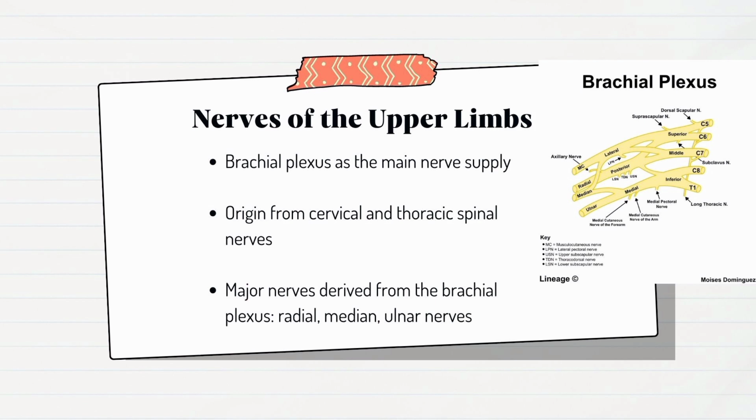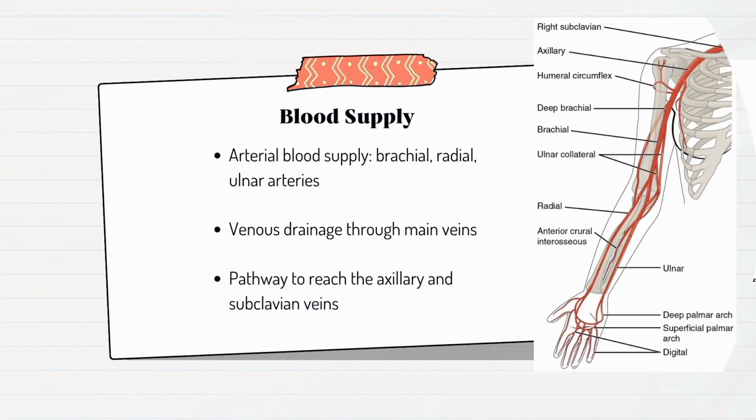It provides motor and sensory innervation to the upper limbs, forming important nerves like the radial, median, and ulnar nerves. These nerves originate from the brachial plexus, which comes from the spinal cord, from the cervical spinal nerves and also from the thoracic spinal nerves.